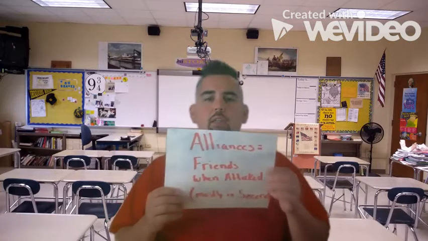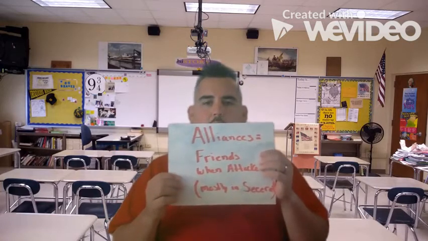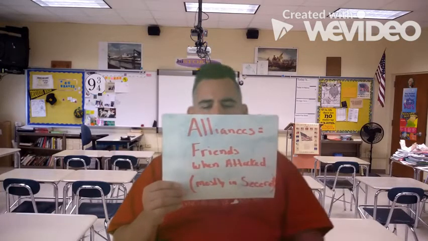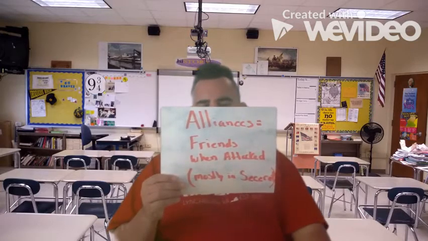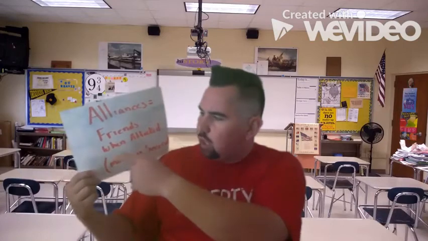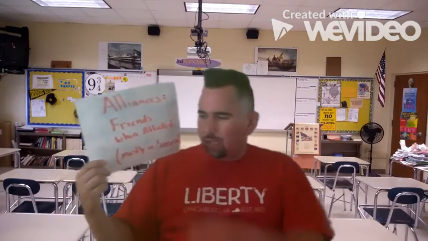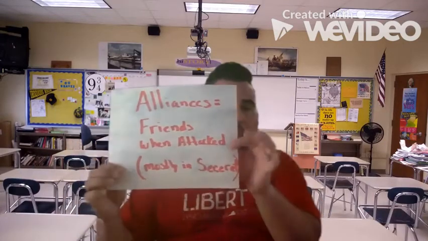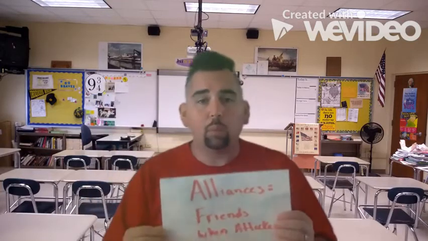Second, we've talked about this before in class, this idea of alliances, right? This is what I call friends will attack if need be, friends when attacked. Again, this is mostly done in secret, and those secret alliances were problematic.